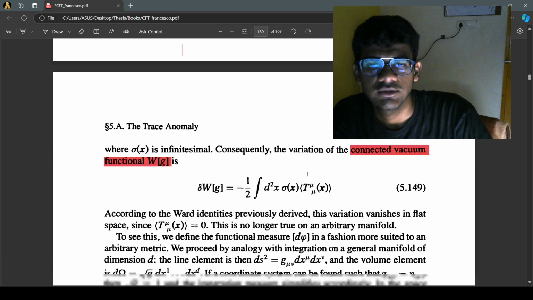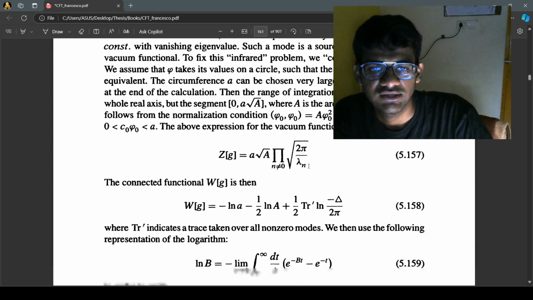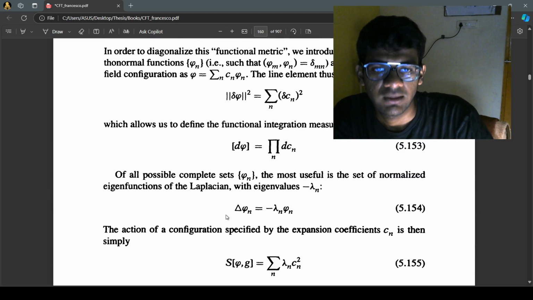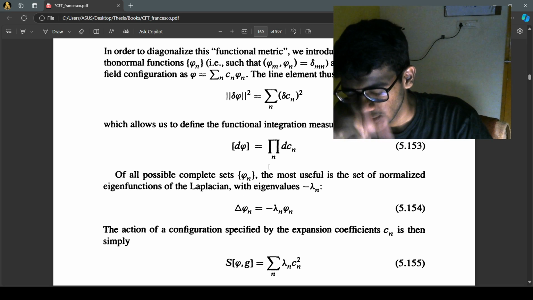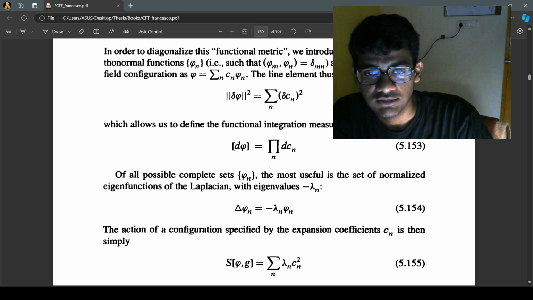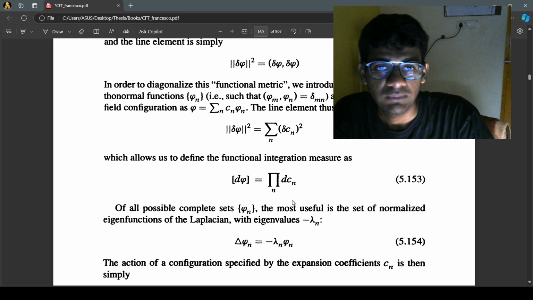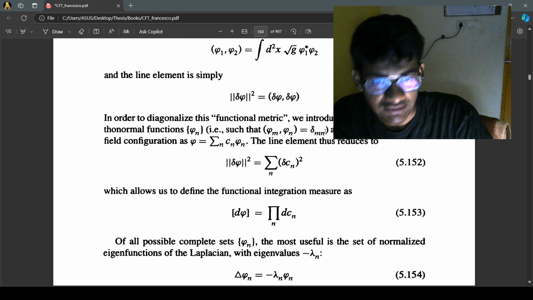So delta phi, you're already defining as minus lambda n phi n. You first expand your phi in terms of cn, and then the integral d2x phi m phi n, but these are normalized to delta mn.